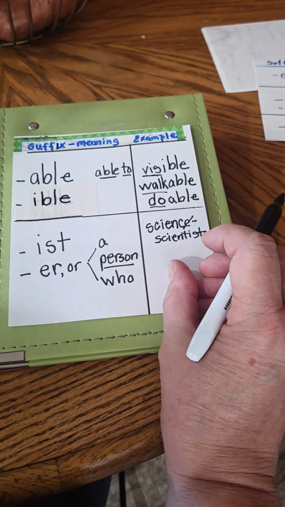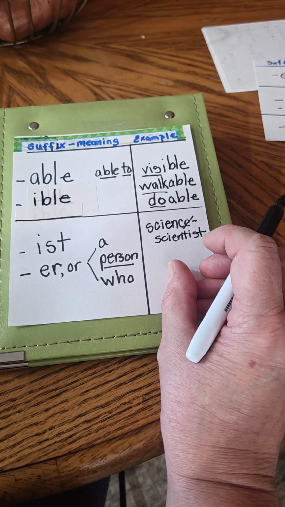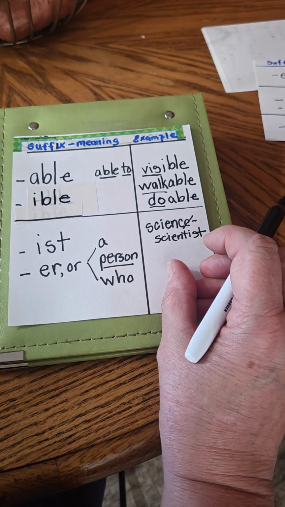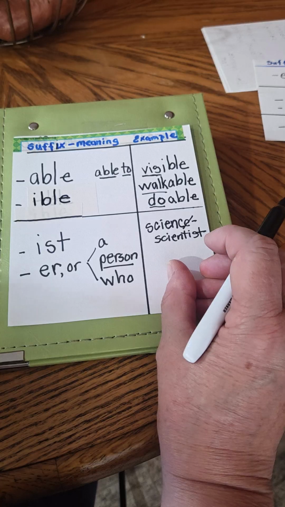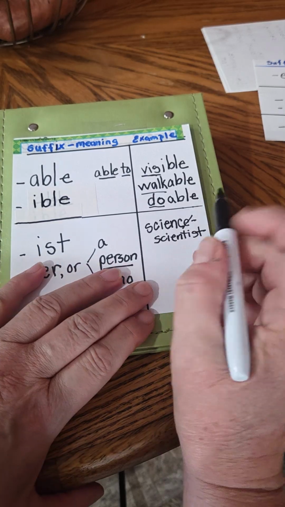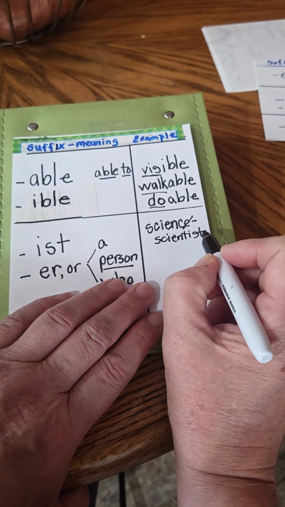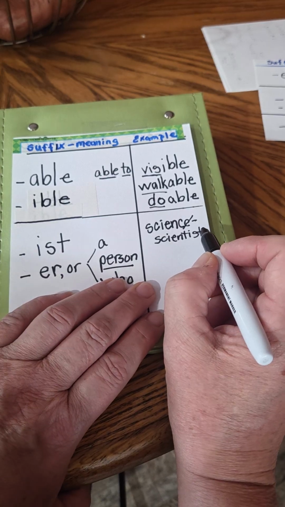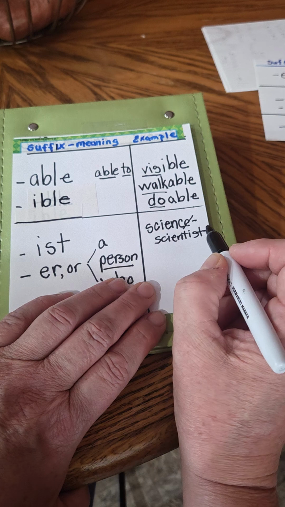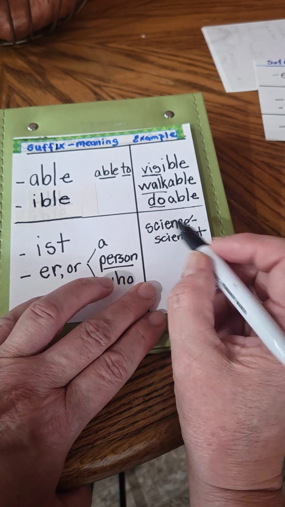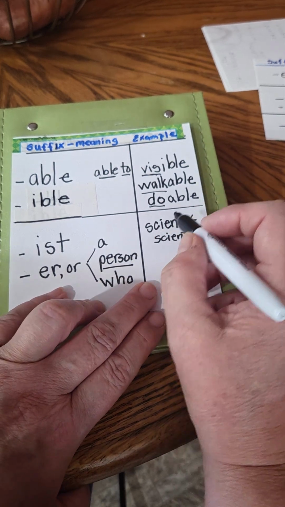Silent E's do their job, but you don't need to see them when you're putting an ending on. Scientist. Ists are people who do something, often someone who studies science, a biologist, a geologist, people who study science. It's a person who does something.